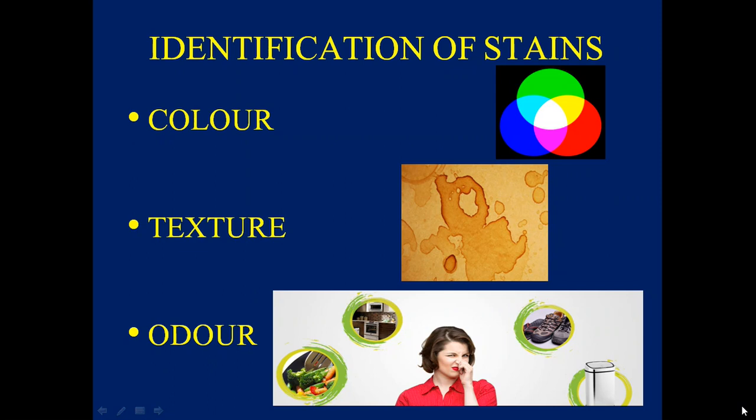And then odor, yes, through smell also you can easily identify the stains, whether it is a coffee stain, blood stain, or any other kind of stain. So which helps you to select the proper chemicals and the steps, and you can remove the stains within a short period of time. So it is a kind of identification, and it helps to save your time.